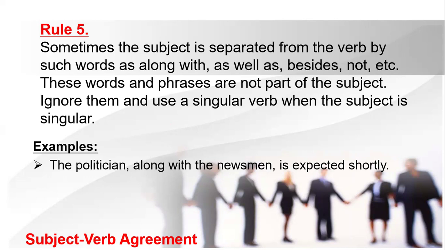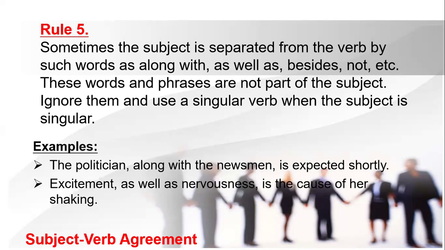These are not part of your subject. You just need to focus on your subject, whether it is singular or plural, and according to that insert the correct word. Here, politician is used, not politicians. As the word politician is singular, your verb should be singular. The politician is expected shortly.